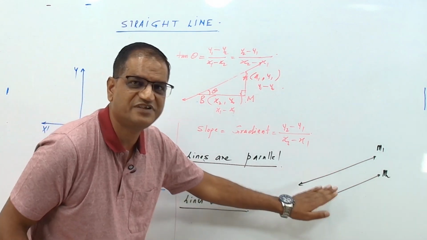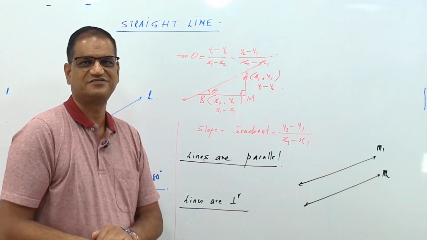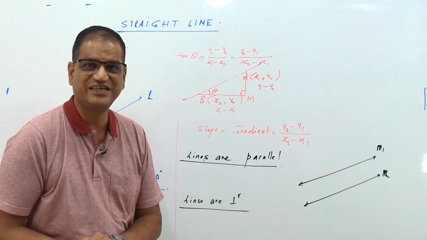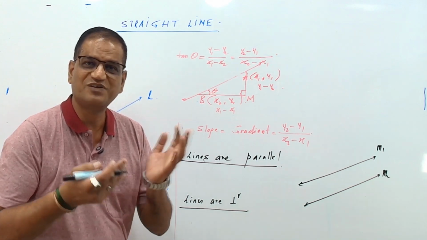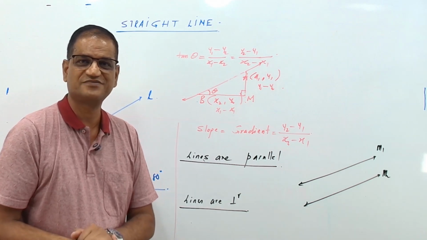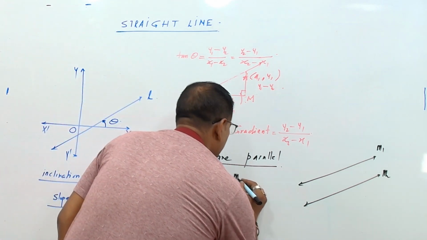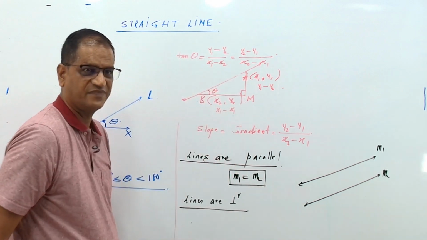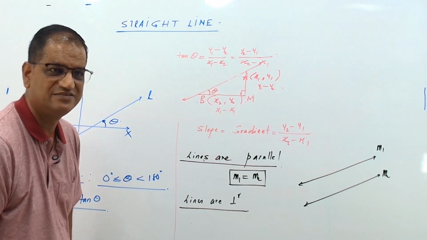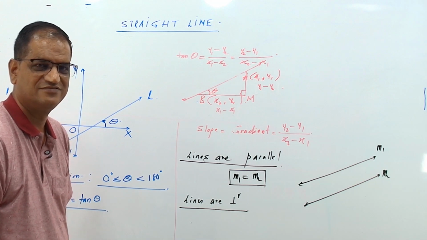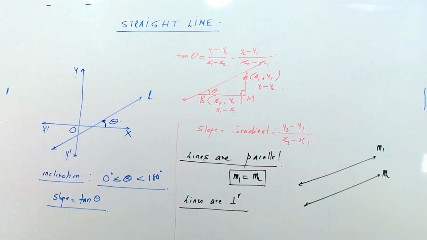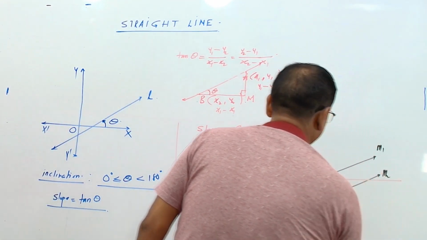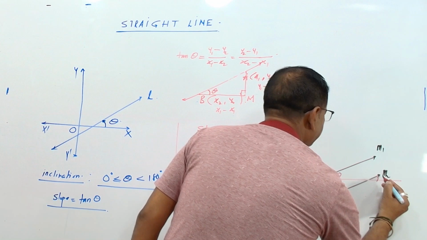Then what is the relation between their slopes? If two lines are parallel and their slopes are given as m1, m2, what will be the relation between their slopes? Can I say their slopes are equal? Why will their slopes be equal? Do you feel these two angles will be equal?